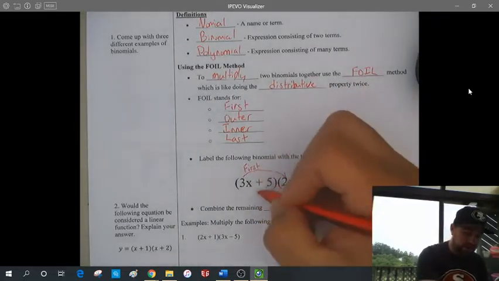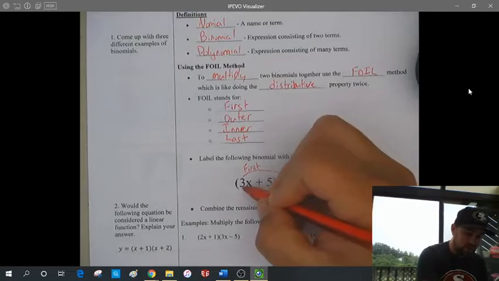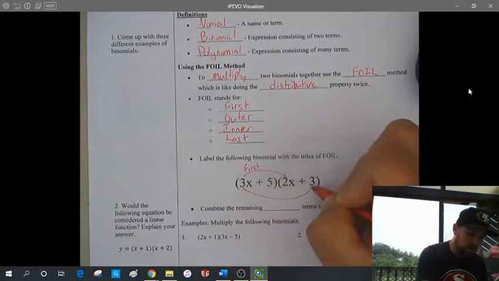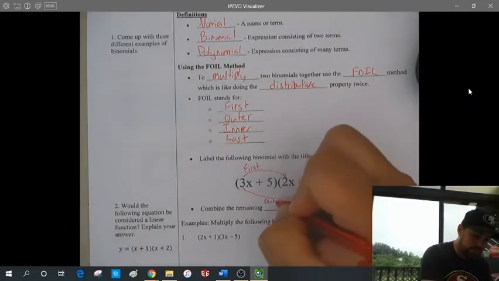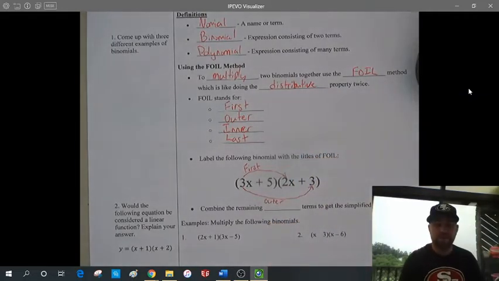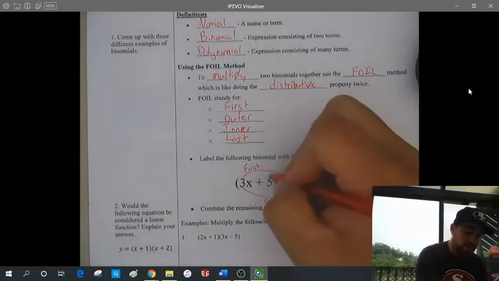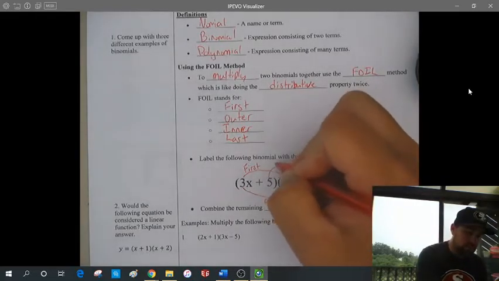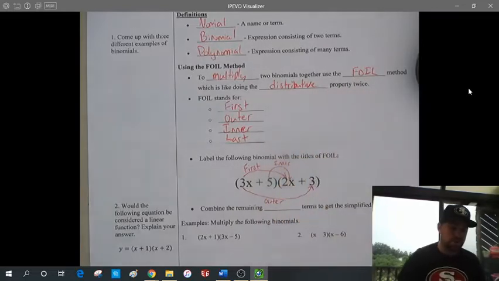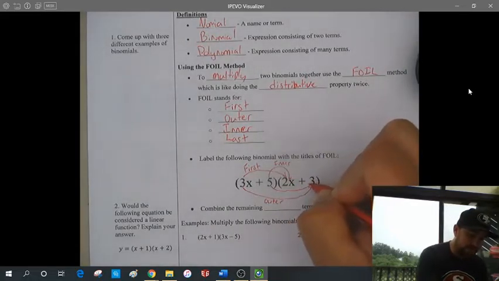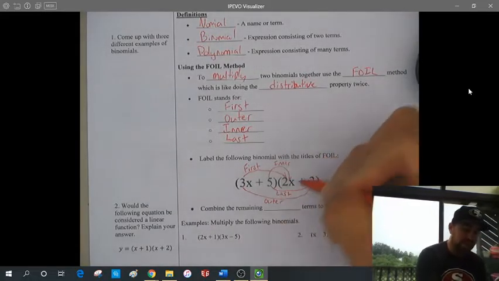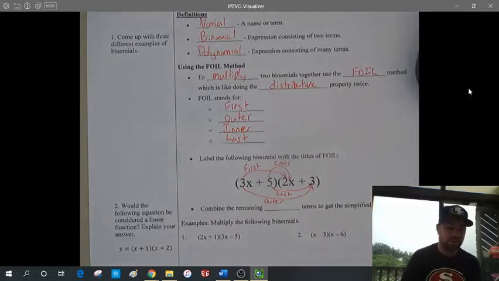Then we multiply the outer terms together, and that's those two, so 3x and 3. Then our inner two terms get multiplied together, so that would be the 5 and the 2x. And then finally, the last term in each set, which is the 5 and the 3.